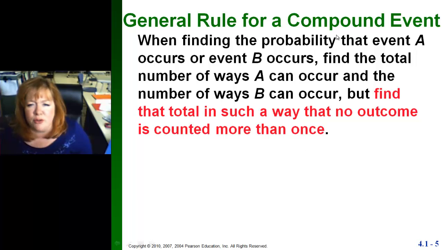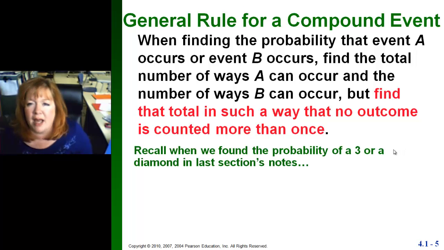So the general rule for a compound event, when finding the probability that event A or B occurs, is to find the total number of ways A can happen and the total number of ways that B can happen, and find the total so that no outcome is counted more than once. This is important, because I noticed on some of the activity 4.2a that people were counting things twice.